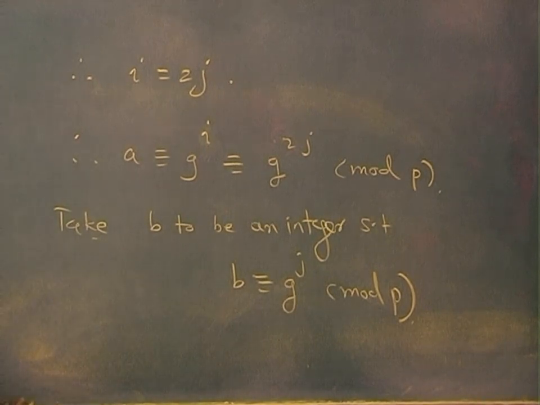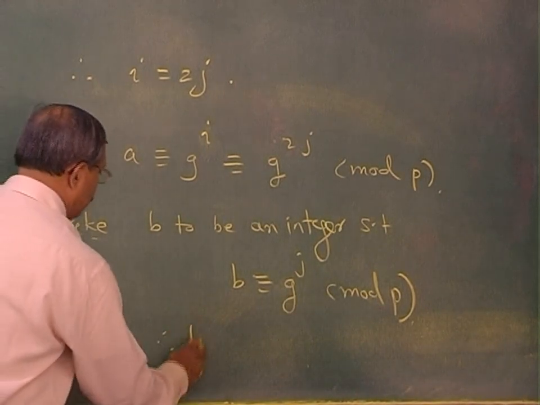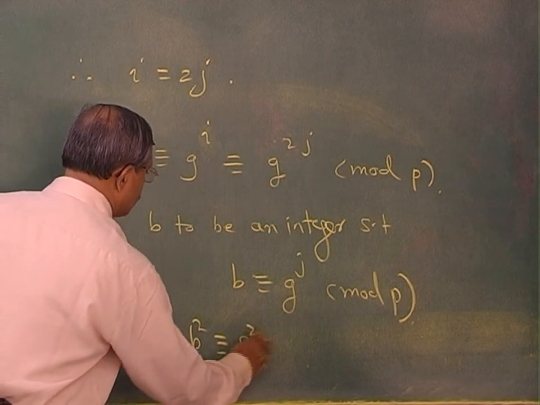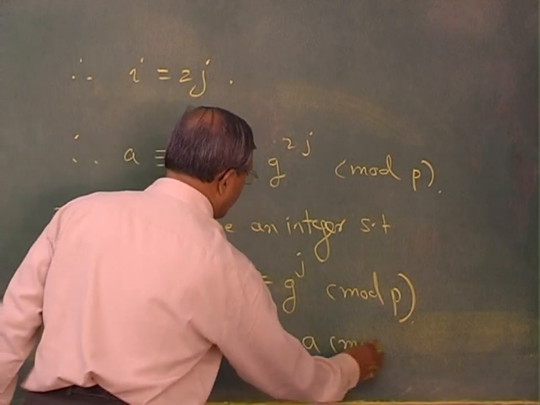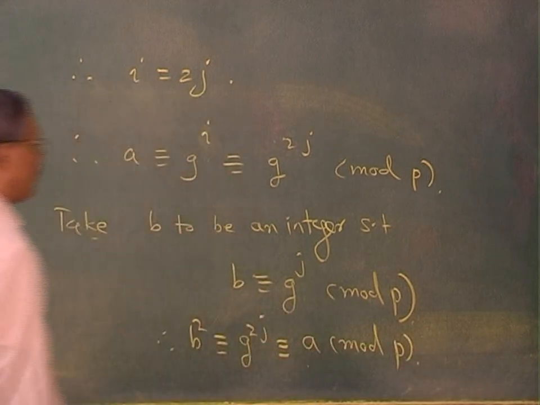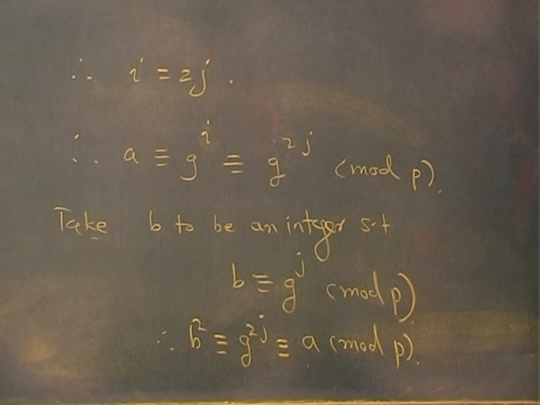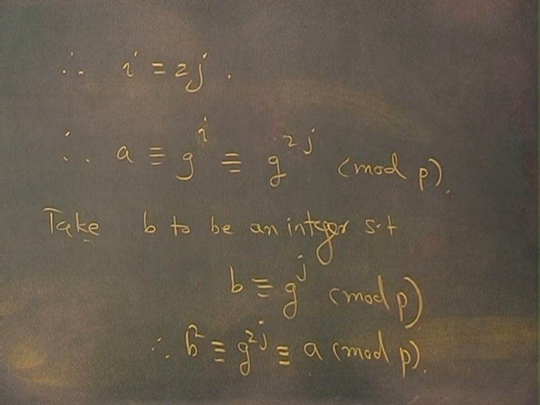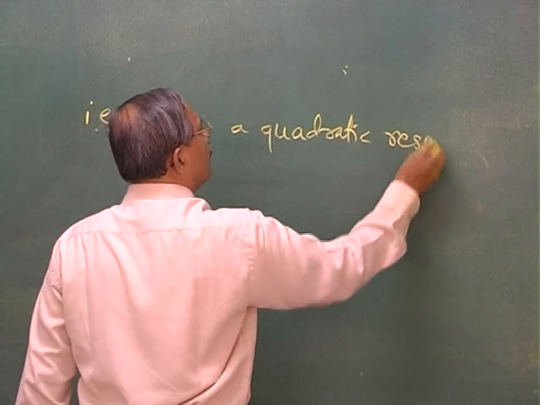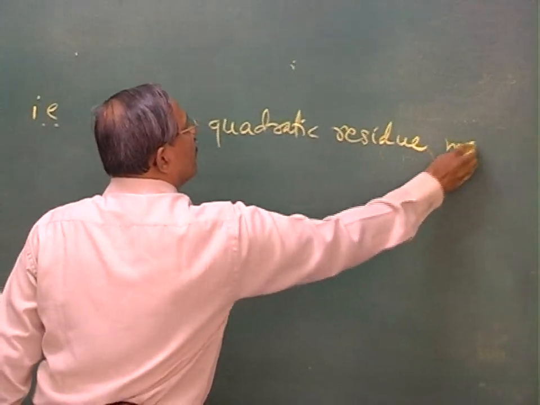B square is congruent to G raised to 2Z, and that is congruent to A mod P. So A is a square. Therefore, A is a quadratic residue mod P.